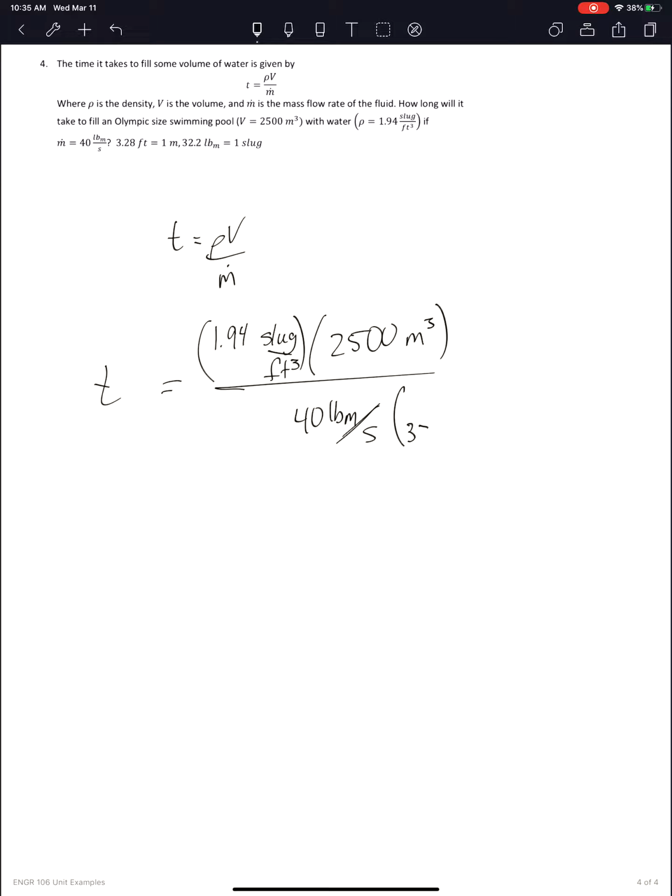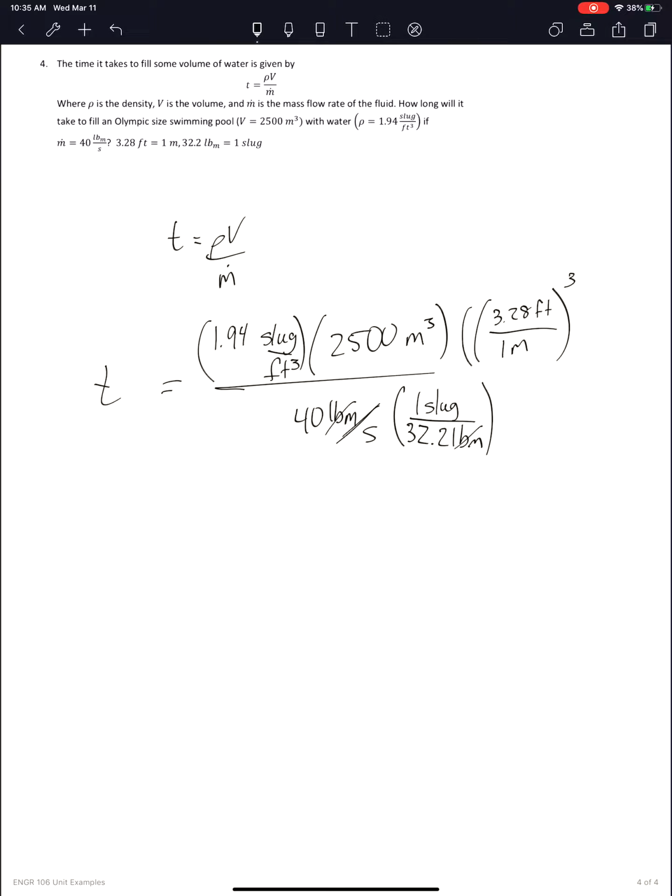There are 32.2 pounds mass in one slug. This cancels that. I multiplied by 1. This is good. And then on top, I have cubic meters, which I'm going to convert to cubic feet. There are 3.28 feet in 1 meter. And to cube that, I must cube the entire relationship.